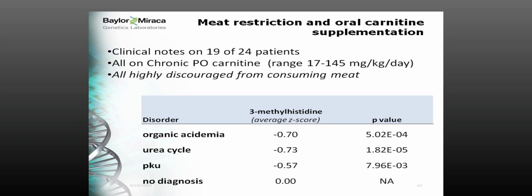So 3-methylhistidine is a non-human metabolite that comes from our diet, and you can see that individuals with no diagnosis, who presumably are consuming a normal or omnivore diet, have an average Z-score of 0, and individuals with organic acidemias have similar scores to individuals with urea cycle disorders or PKU, supporting the idea that indeed these individuals are not surreptitiously consuming a whole bunch of meat.